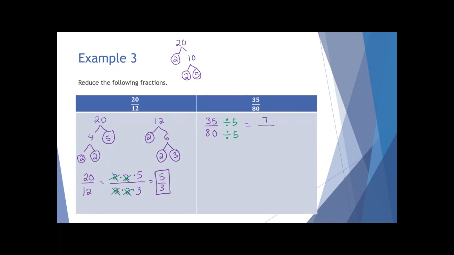My calculator says that it's 16. 16, yes. Now, 7 is prime. So the only thing that divides into 7 is 7, but 7 does not go into 16, so that means that's the only thing we can reduce out. So that's as far as we can go there.